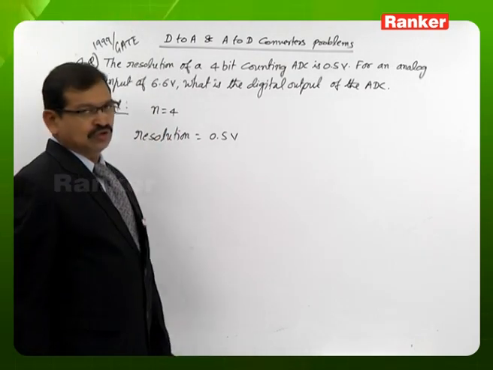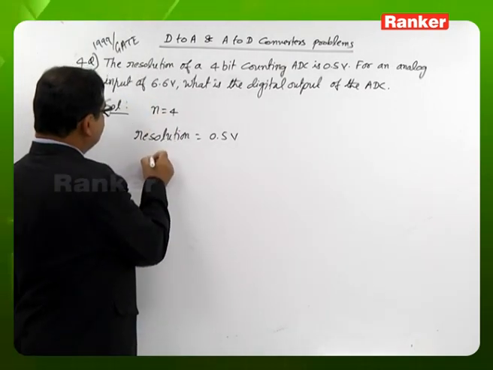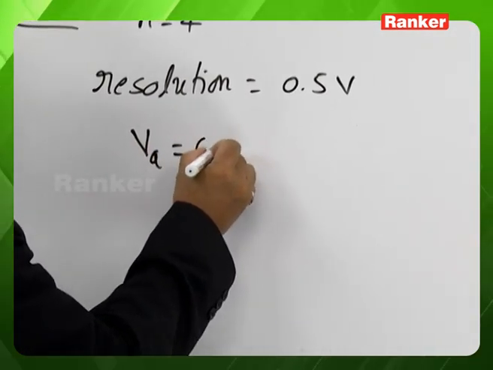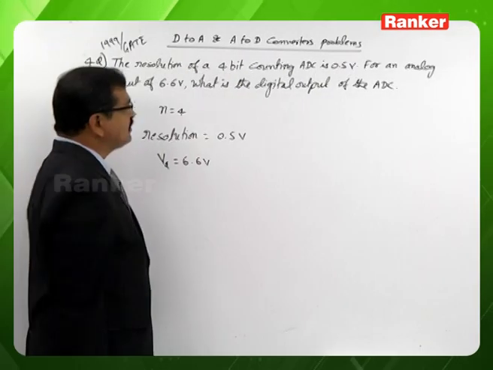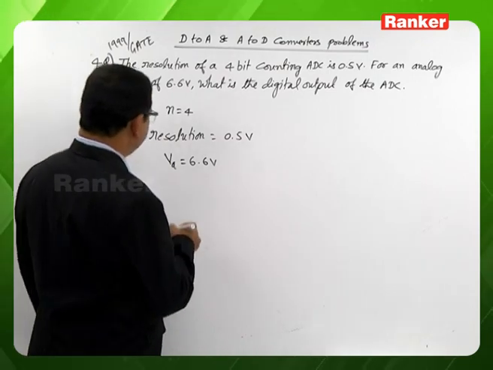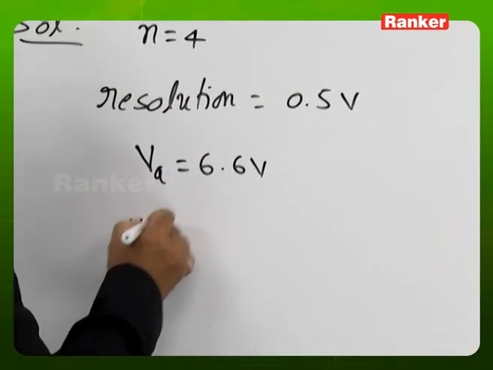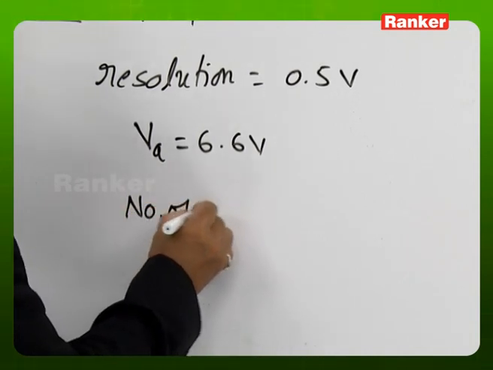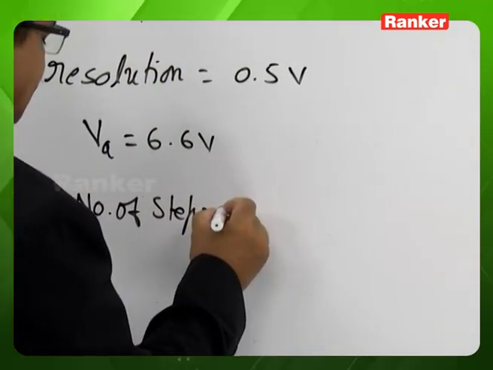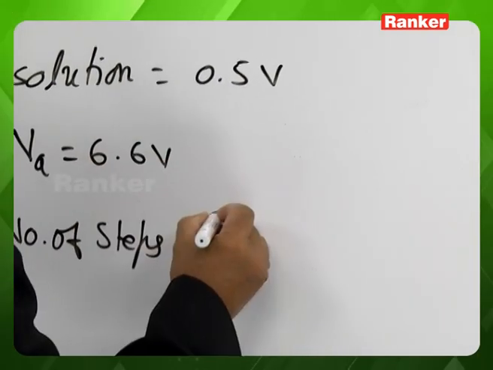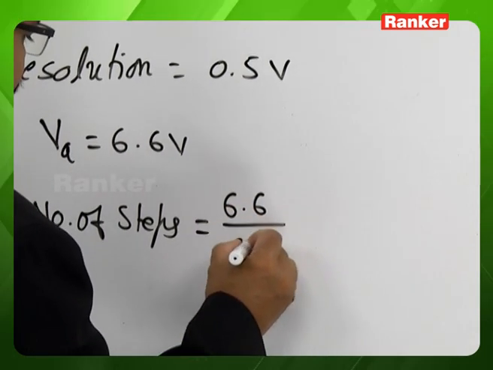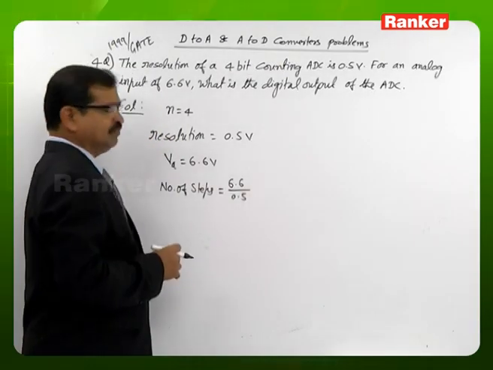Now we are looking at a question. For an input analog voltage signal of 6.6 volts, what is the digital output? You can see the number of steps required by this analog to digital converter to reach 6.6 volts with a step of 0.5 volts.